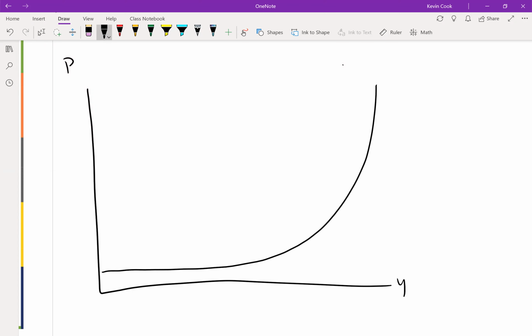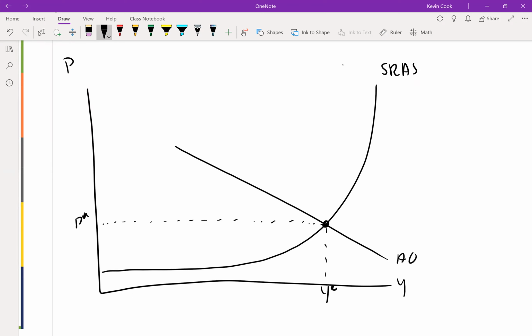So short run aggregate supply and aggregate demand. Initially we're at a spot right here where we have our price level and our GDP.